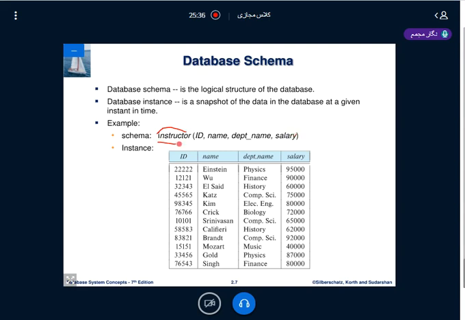With a schema like this, we can understand the format or the structure of our databases.